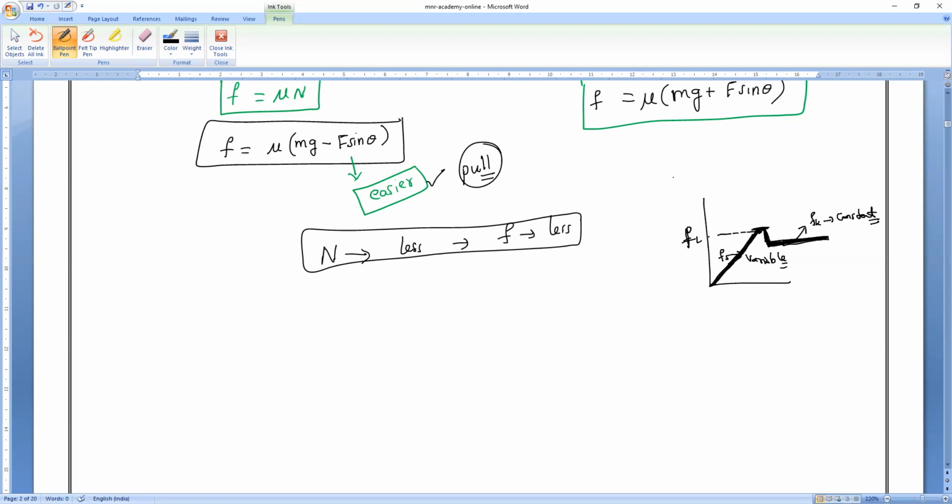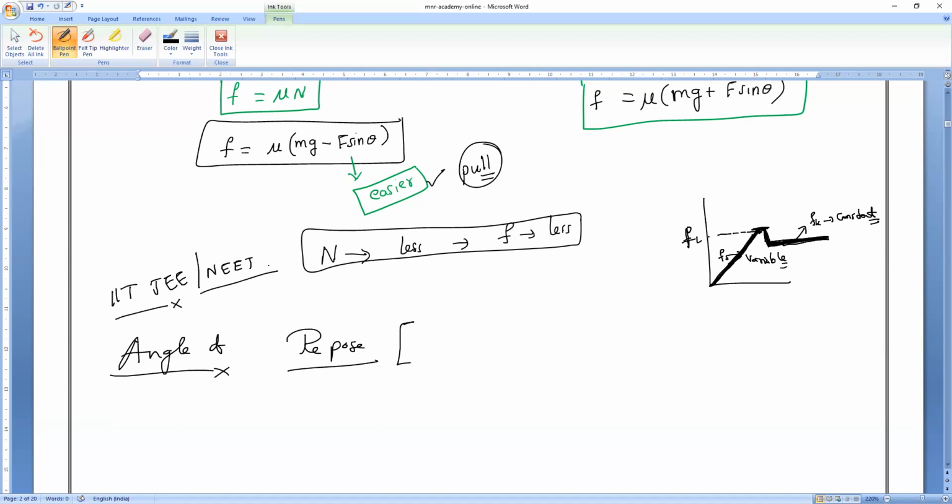Now, with the same friction force, we are going to study the most important concept called the angle of repose. This is very important, again I am saying, for IIT JEE, NEET and even NDA exams, all the competitive exams.